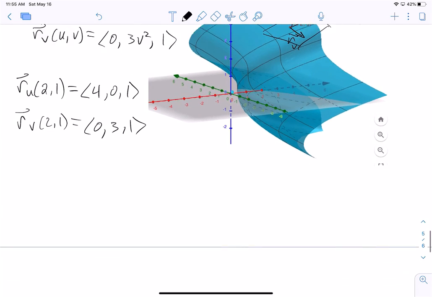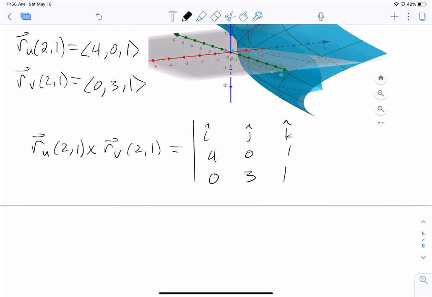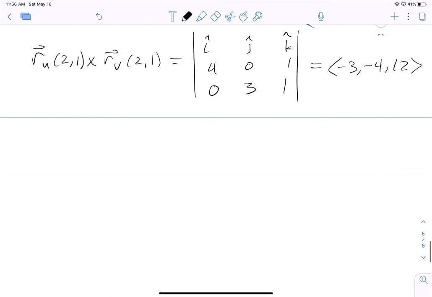And we can use those in our cross product. So r_u at (2, 1) cross r_v at (2, 1) is going to be the determinant with i, j, k, 4, 0, 1, 0, 3, 1. And you can confirm that that'll give us <-3, -4, 12>. So I'm actually going to use <3, 4, -12>.